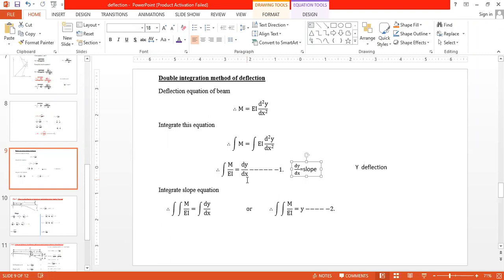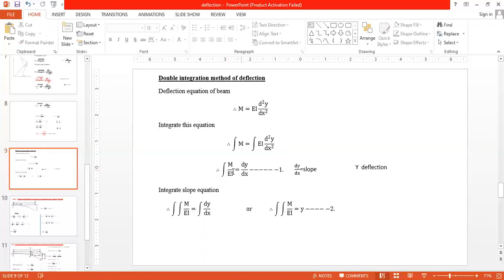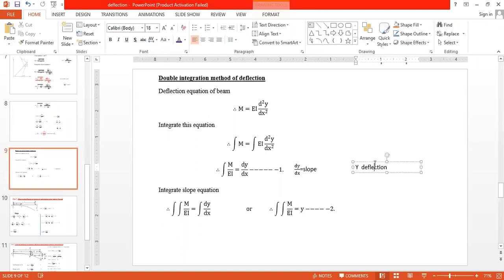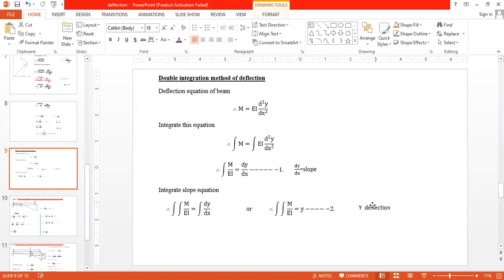Now I will integrate this equation once again. It becomes double integration of M by EI, and this is equal to the integration of dy by dx. Integration of dy by dx is y, and y is the deflection.